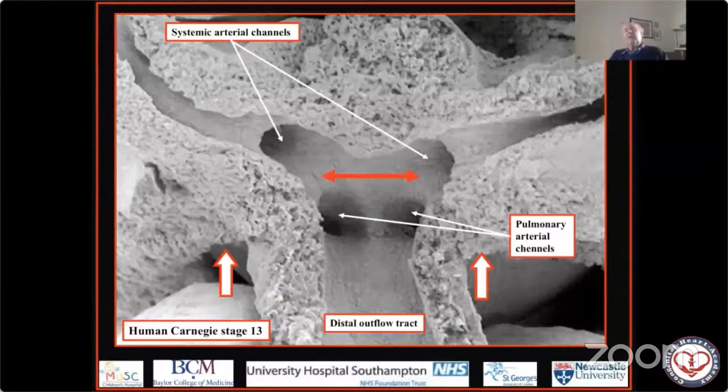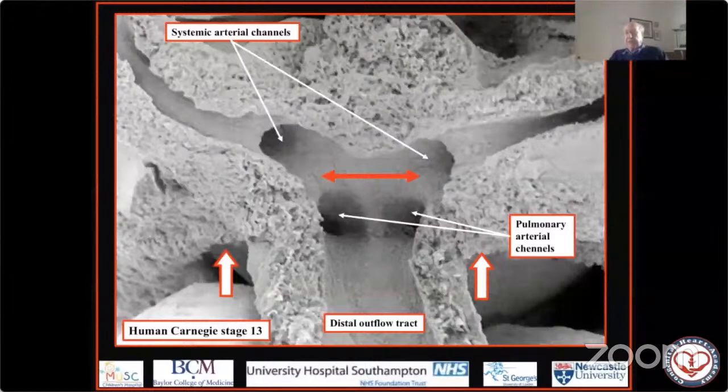But if that septum grows in the opposite direction, it can reverse the situation. So the systemic channels connect to what would be the pulmonary channel, but if we then have the similar discordance within the outflow tract, that will put systemic arterial channels back into the left ventricle, but in parallel rather than in spiraling fashion.